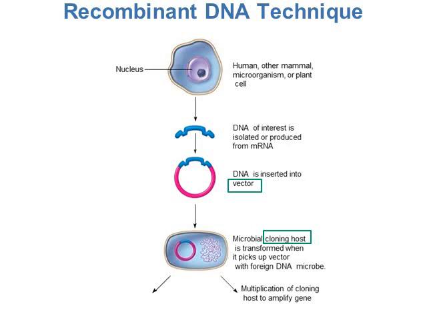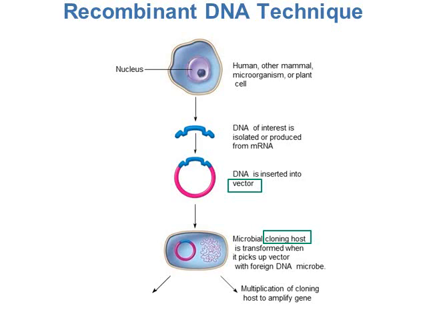Usually we use different bacteria species as our cloning host, so we have a microbial cloning host. We're going to transform it. So these bacteria cells are going to pick up this vector from the environment and put that foreign DNA into the microorganism.